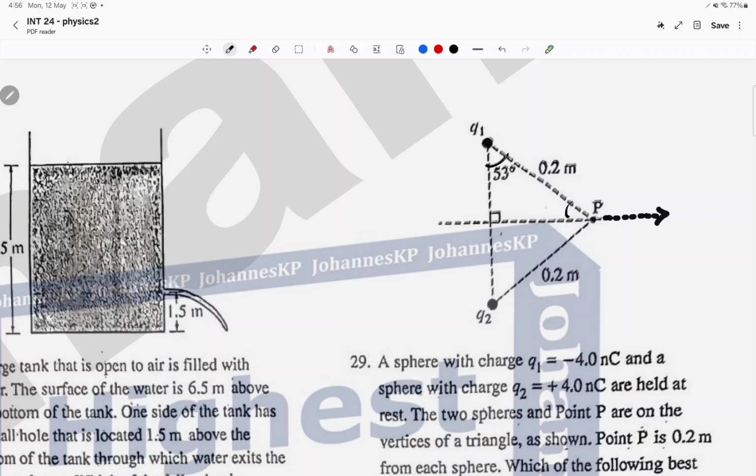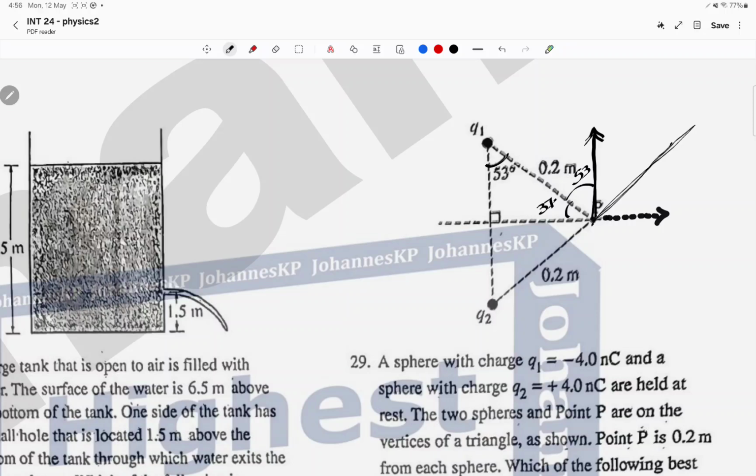If this is 37, what's the angle here? 53. So, same angle, right? If we continue this guy here, I think it's going to be a 37 too, probably. Is there a way for us to make sure?